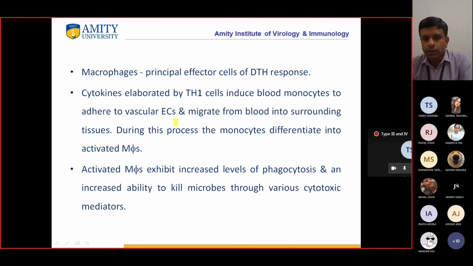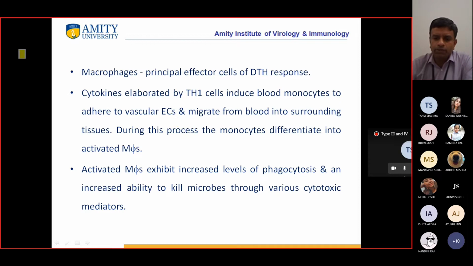Okay. Now macrophages, as I said, they are the principal effector cells of DTH response. Okay. Cytokines elaborated by T helper cells induce blood monocytes to adhere to vascular endothelium and migrate.